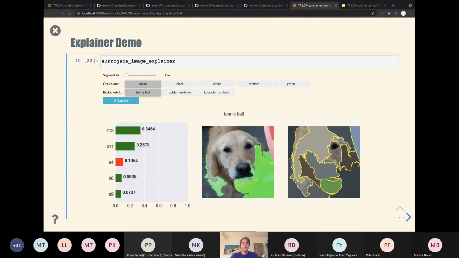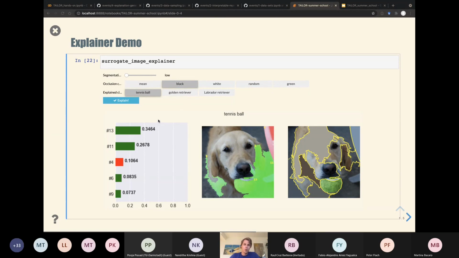So let's experiment with different parameters of the interpretable representation for images. Here to the right, you can see an example of a data point that is used to train our surrogate explainer. And if I click this a few times, you will see different random examples that were used to train the explainer. We can change the occlusion color.